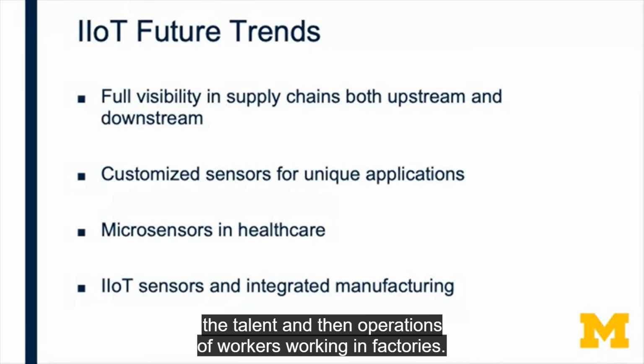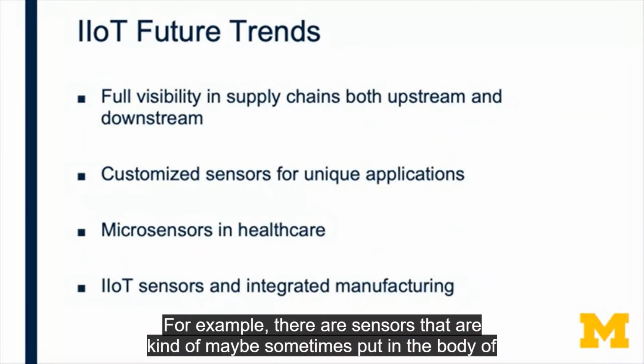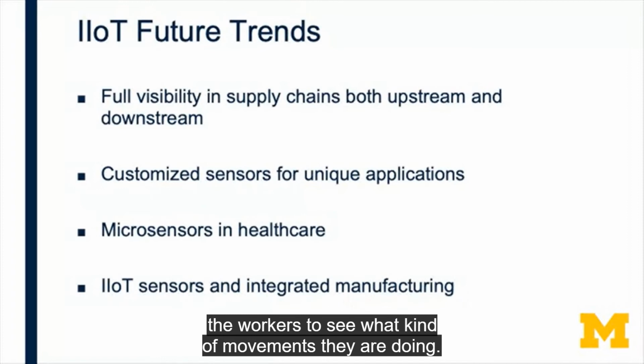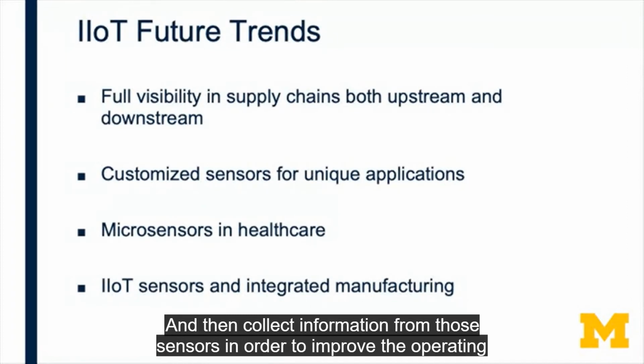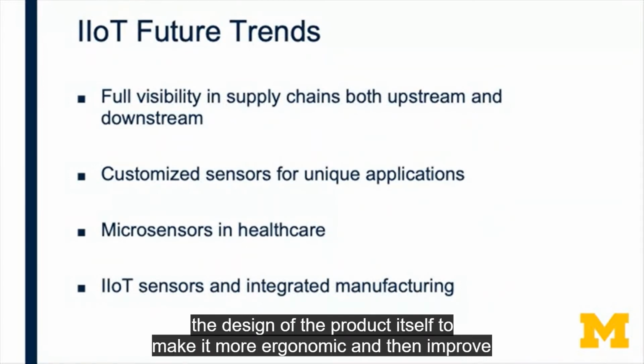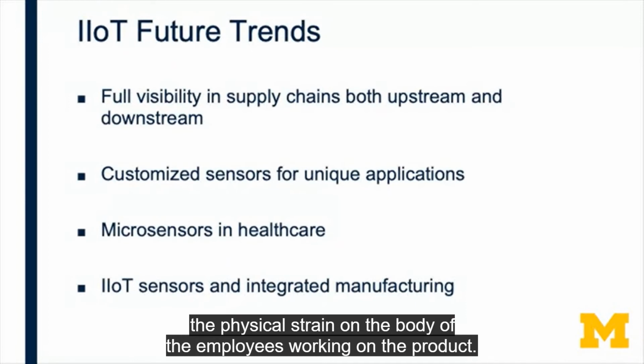For example, there are sensors that are sometimes put on the body of the workers to see what kind of movements they're doing, and then collect information from those sensors in order to improve the design of the product itself to make it more ergonomic, and reduce the physical strain on the body of the employees working on the product. And those are some dedicated sensors.